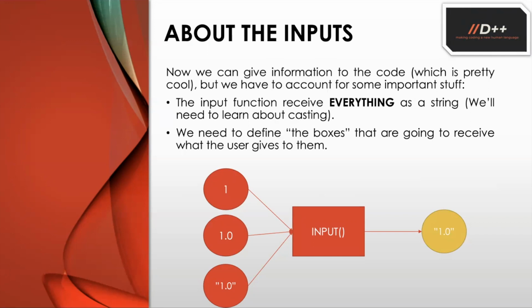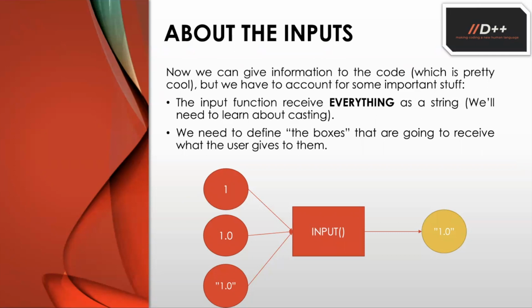So we are going to learn something called casting, which is data conversion, when we take, for example, a number and transform it into a string, or the other way around. It's going to be really useful to control how we want the program to behave.